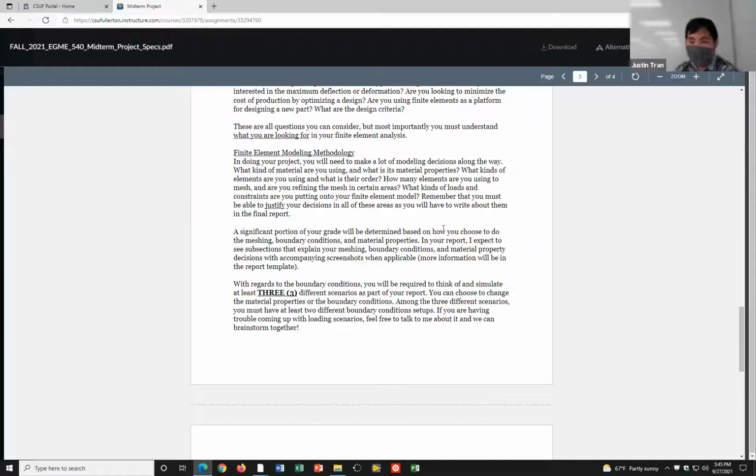Just like with the objective, there's no perfect way to do this stuff. There are lots of different ways you can mesh and apply boundary conditions, so there's no one right answer that I'm looking for. What I'm looking for is that you make these decisions and you justify to me why you're doing that. At this point in the class, we've learned a lot about ANSYS, but also a lot of the theory behind meshing, boundary conditions, and material properties.